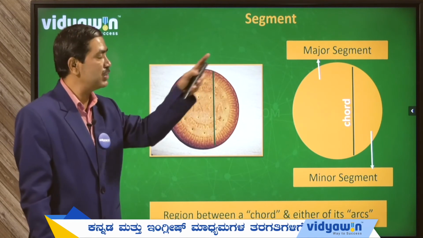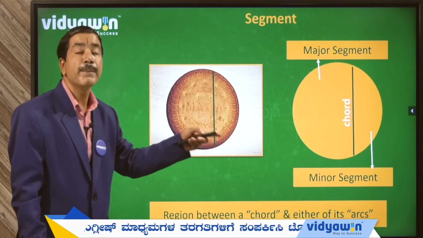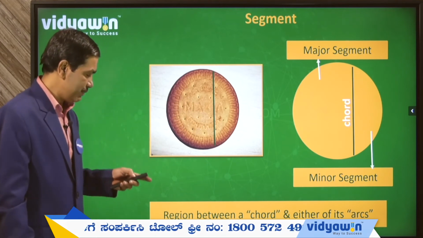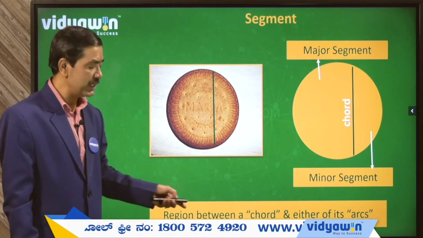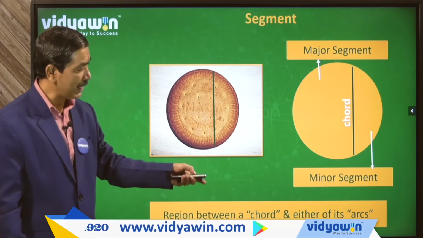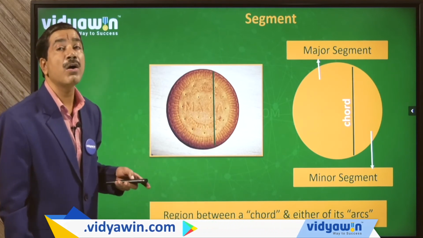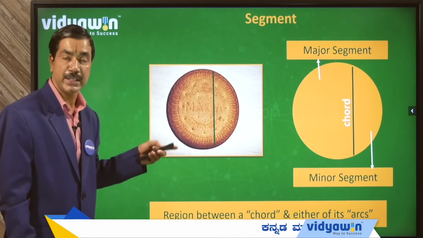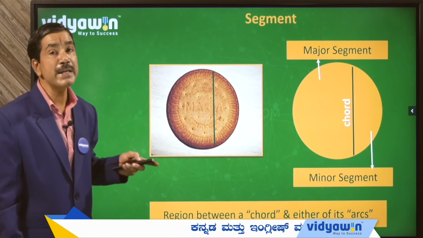So that is major. And the other one is the minor segment. Okay, so those 2. Then the definition: the region between a chord and either of the arcs, both sides' arcs can be considered, is called a segment. In that, 2 types can be seen.